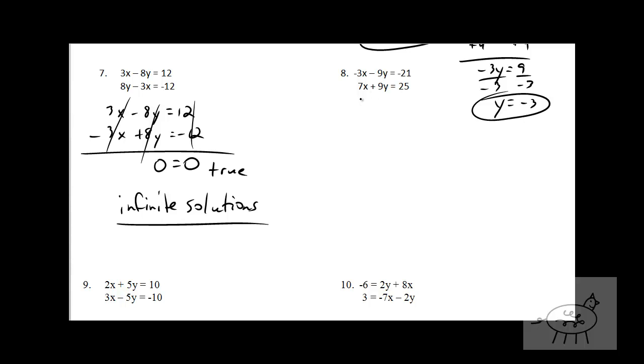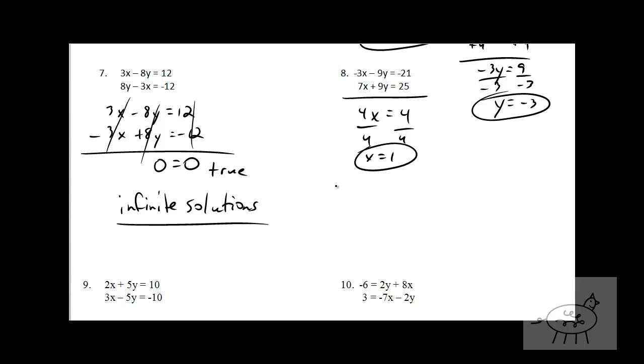Okay, it's all lined up. X's and y's are lined up, so negative 3x plus 7y is 4x. That cancels and equals 4. Negative 21 plus 25. Again, I don't mind you using your calculators, but make sure you get it right. And then we divide by 4. X equals 1. Okay, and then again, it's your choice on what you want to plug into. I would probably plug it into the bottom one just because lots of negatives on the top one.